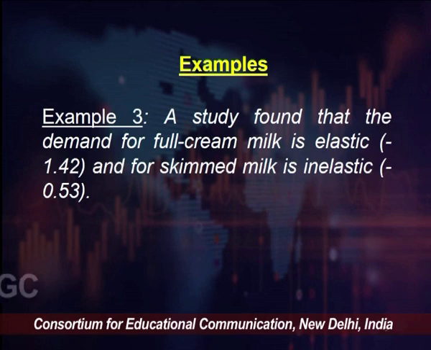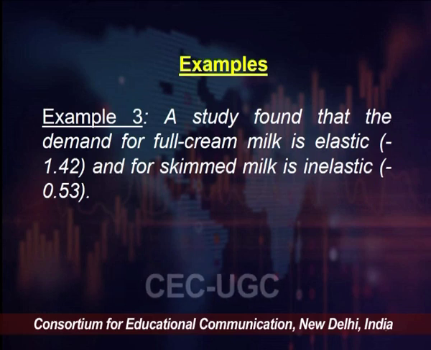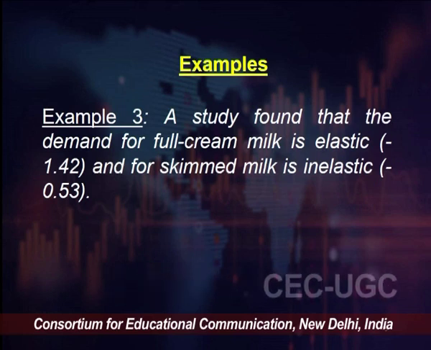Again, we can explain this difference in terms of the availability of substitutes. Perhaps for skimmed milk it's not easy to find alternatives, so this is a product which will have an inelastic demand.